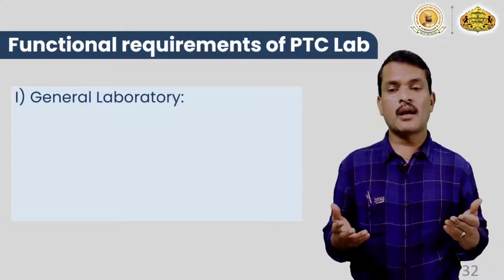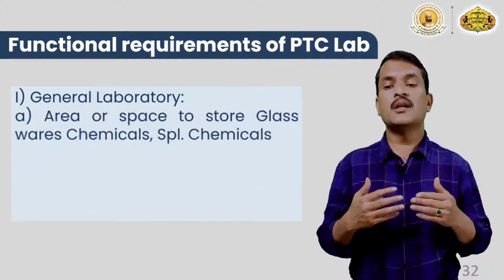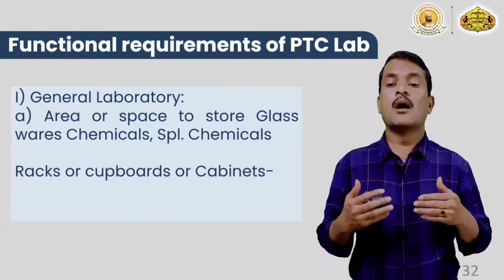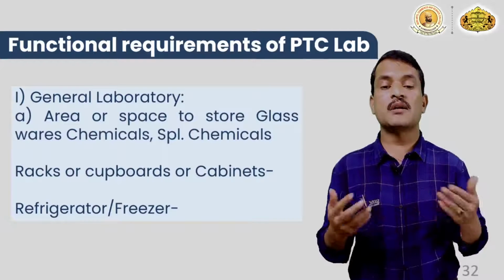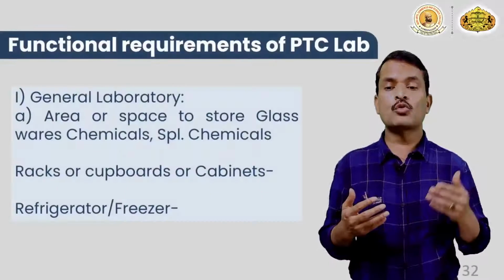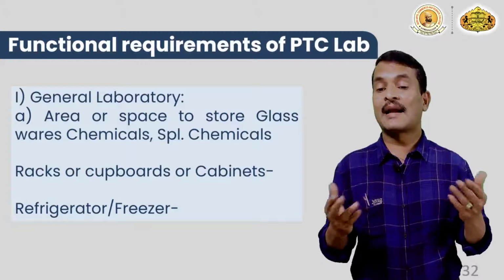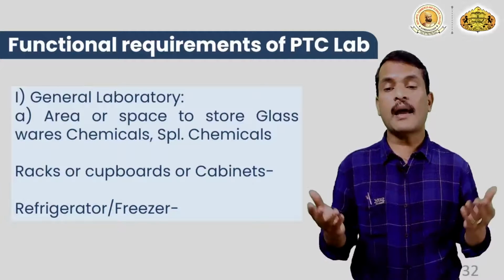That is the general laboratory. Then we need an area or space for the storage of glasswares, chemicals and special chemicals. To store them, we need racks, cupboards or cabinets.